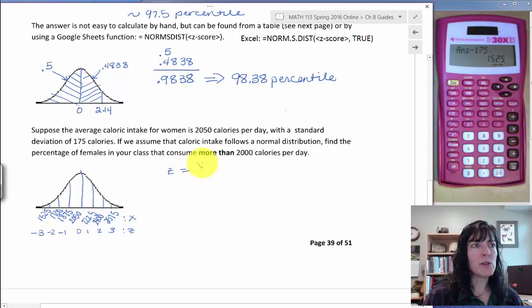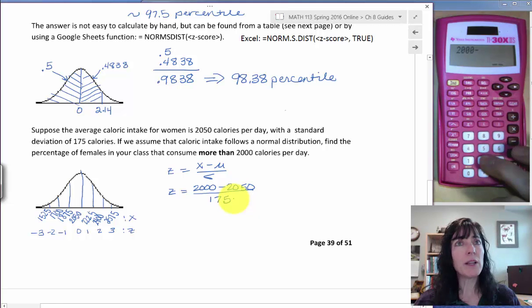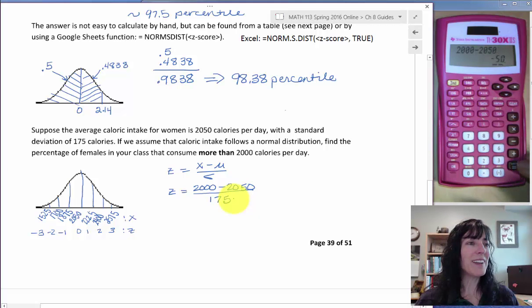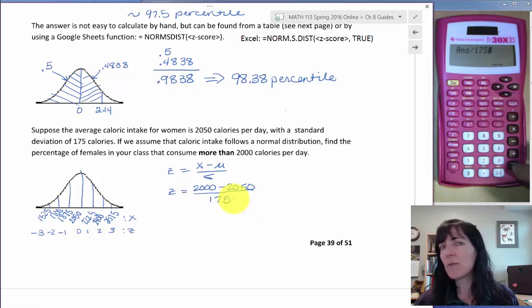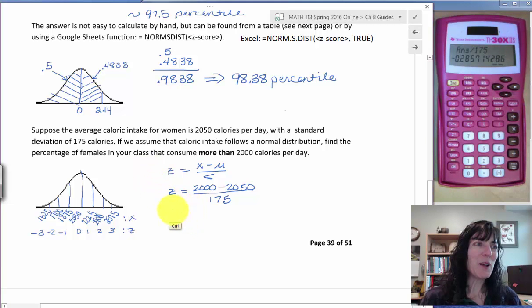First I want to find a z-score. So my z-score is going to be x minus the mean over the standard deviation, 2,000 minus the 2050 over the standard deviation of 175. So 2,000 minus 2050, and we should get a negative number, negative 50 divided by 175, because we knew we were to the left of the mean, so this should not surprise us.